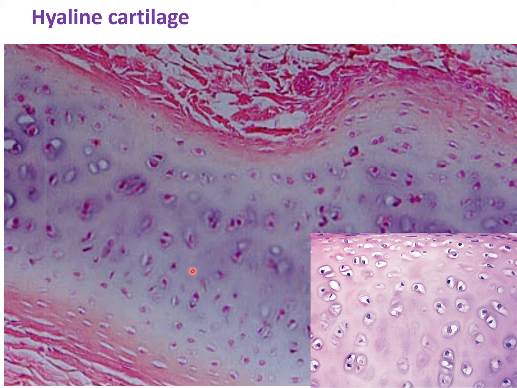Now, the other thing which you can see is that the matrix appears bluish in color. Now, this bluish tinge to the matrix, or the hematoxylin staining of the matrix, is seen only if the cartilage tissue is obtained fresh and kept cool during fixation. Because if we maintain these conditions, the sulfated glycosaminoglycans can be preserved.